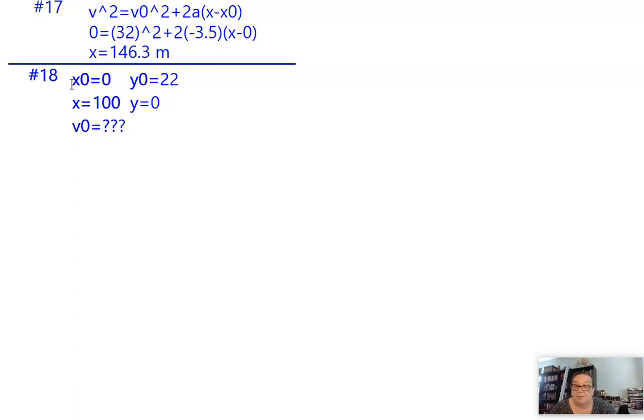That's my unknown. And my v initial in the y direction is 0 because it's being thrown horizontally. And remember, if it's thrown horizontally, it means that it's not being thrown up or down. Final velocities, I don't know anything about. Acceleration in the x direction is 0, and acceleration in the y direction is minus 9.8. And then time, I don't know anything about.